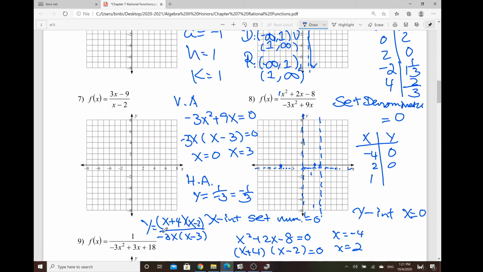Plug in 1 here: 1 plus 4 is 5, 1 minus 2 is negative 1, negative 3 times 1 is negative 3, and 1 minus 3 is negative 2. So this one is negative 5 over positive 6. So negative 5/6, somewhere down here.